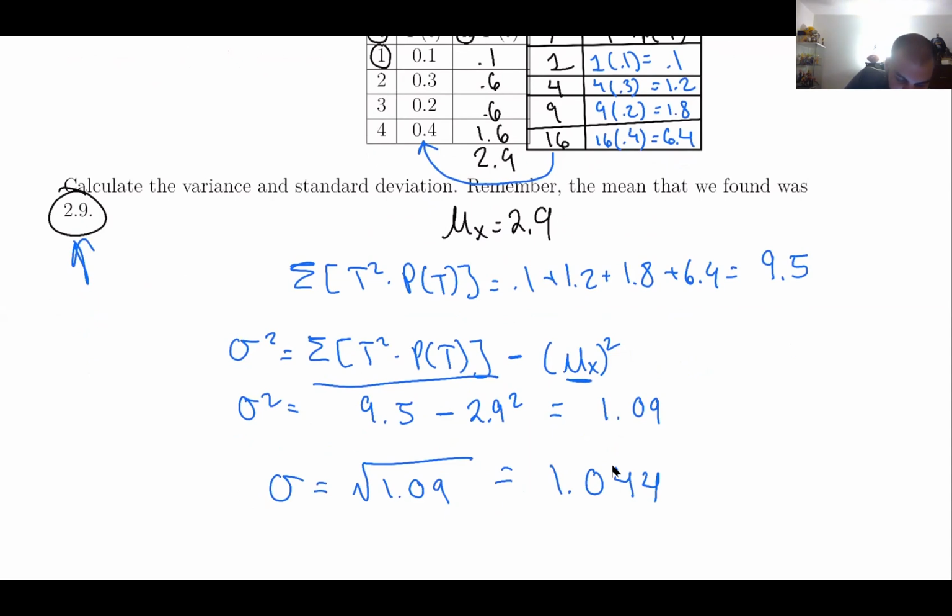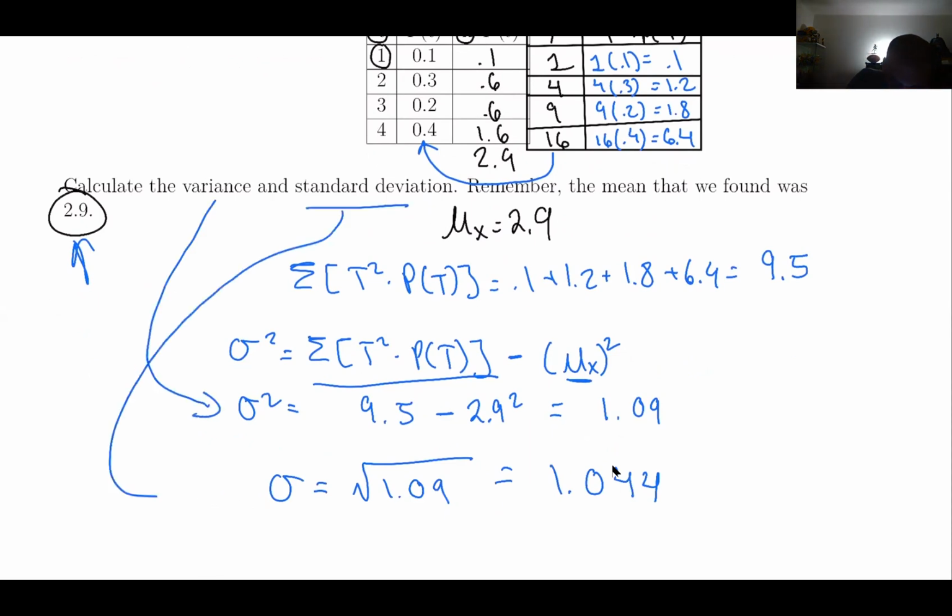So variance is this one. Standard deviation is this one. Everybody good on how to find variance and standard deviation by hand?